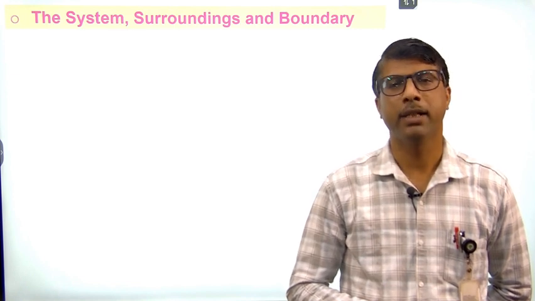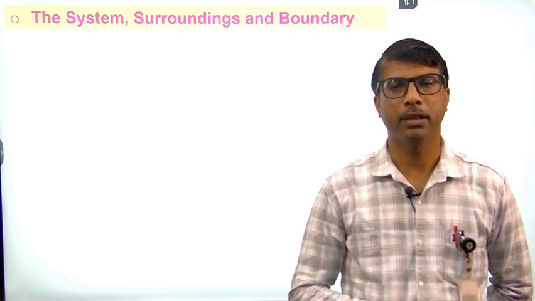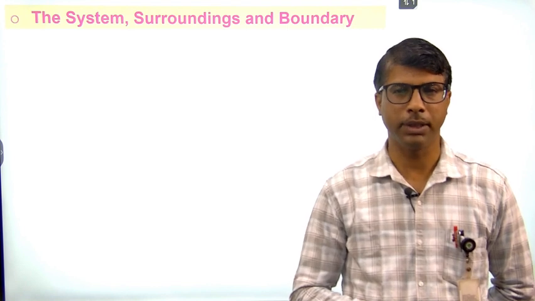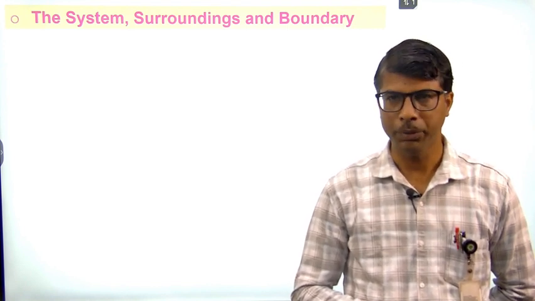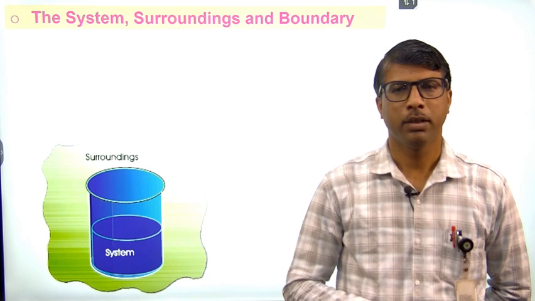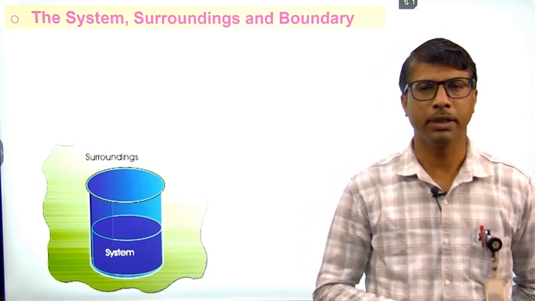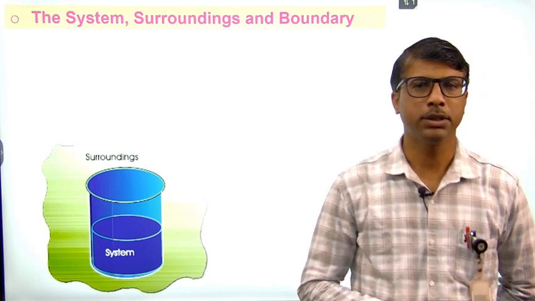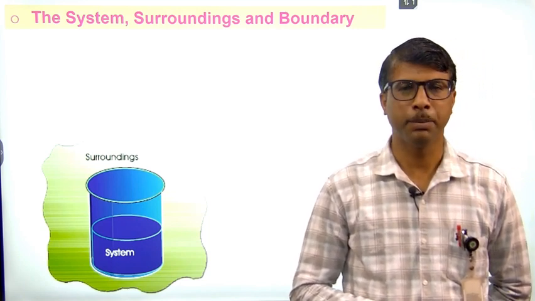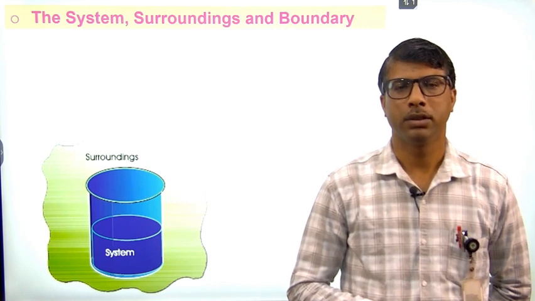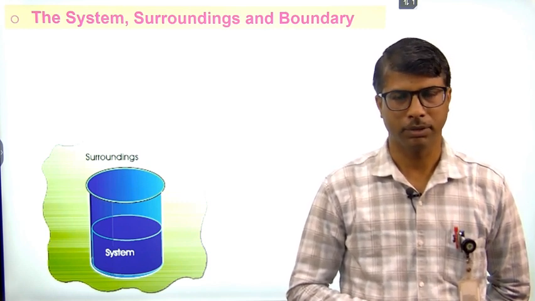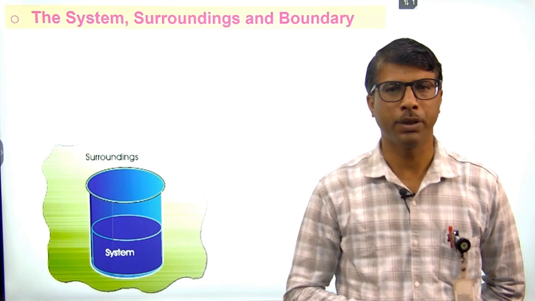So how can we define and differentiate all these things from a thermodynamic point of view? Let us see. Let's start with one example: the water contained in a beaker. This is one of the best examples to show the thermodynamic terms: system, surrounding and boundary.